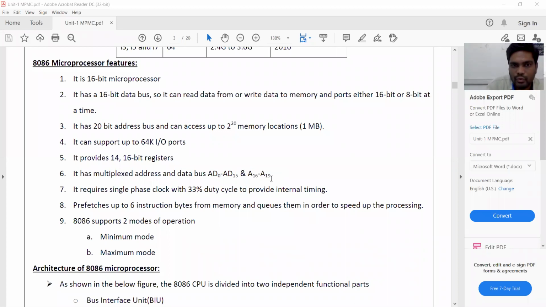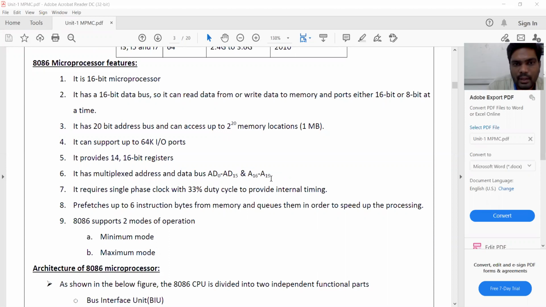Most of the time we will not be carrying address and data parallelly. But when there is a necessity to carry address and data parallelly, we will have a separate latch incorporated inside the architecture in order to carry the address, and these lines AD0 to AD15 will be carrying only data.